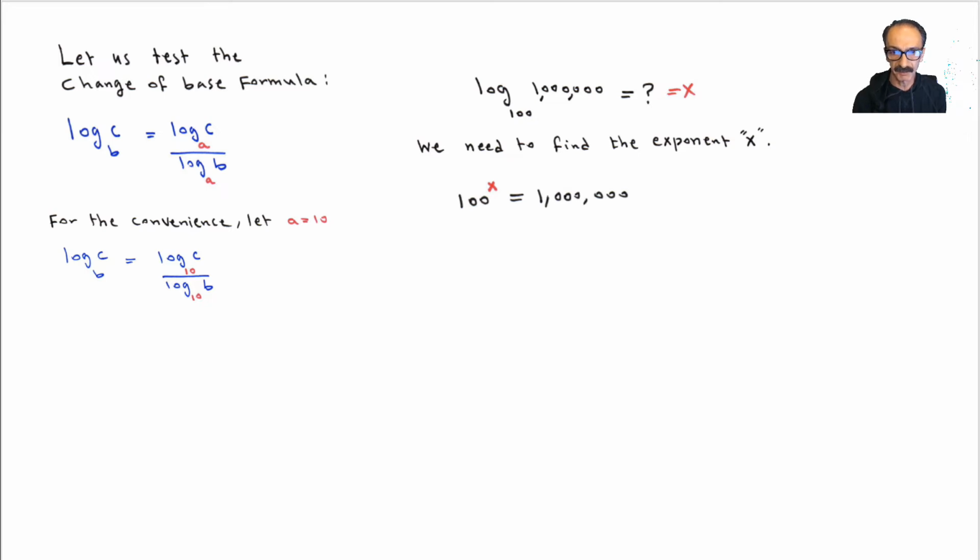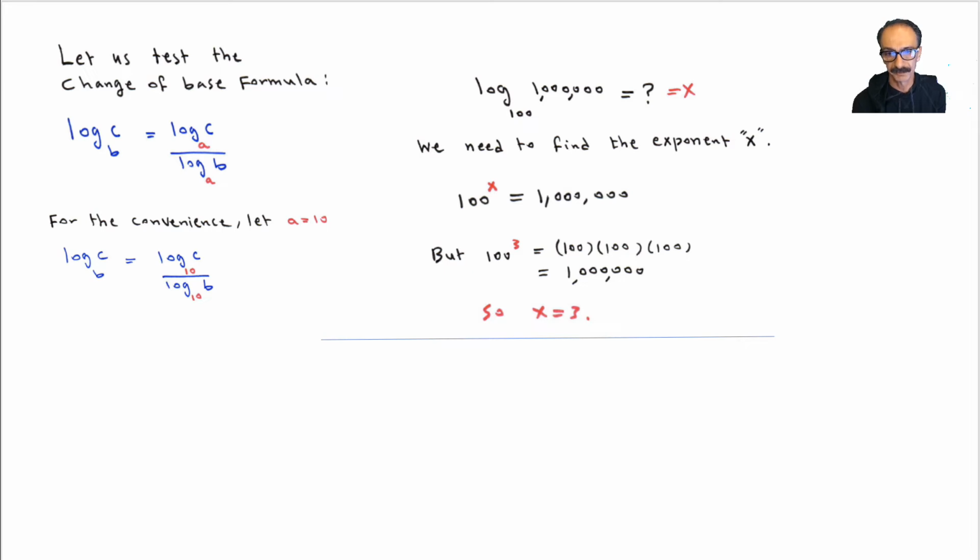I think when you multiply 100 by itself, how many times do you get a million? Count the zeros. Pay attention to the zeros. 100 to the third is 100 times 100 times 100. You add the zeros and becomes 6 zeros, so that should do it. So what's x? X equals 3.